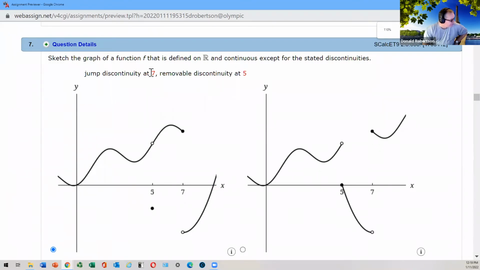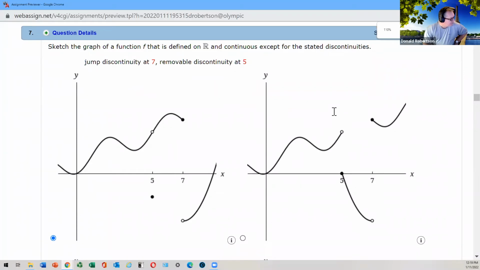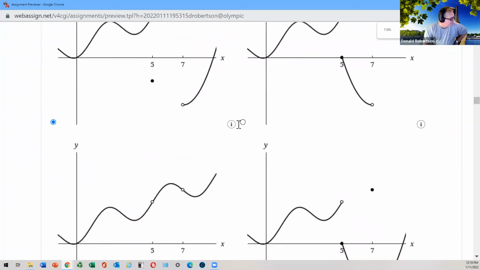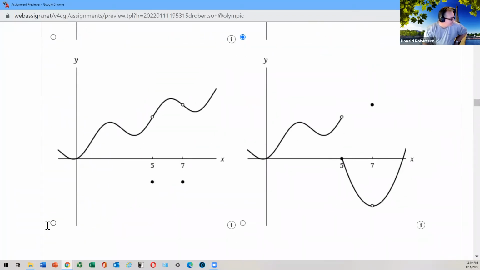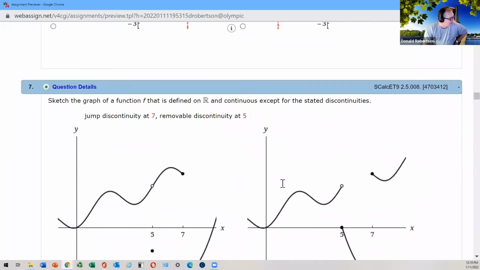So one of these 4 pictures has a removable discontinuity at x equals 5 and a jump discontinuity at x equals 7, right? So that's picture 1, there's picture 2, there's picture 3, and there's picture 4. Which one of these is the only one that fits? A jump discontinuity at 7 and a removable at 5.